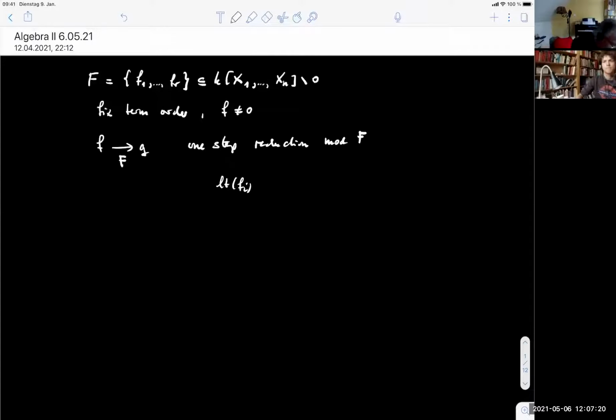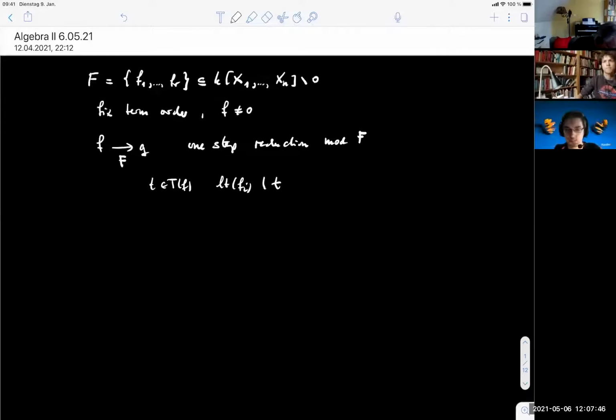So if we have a term t of f such that the leading term of fi divides t, then I subtract from f a suitable multiple of fi, so that this term t is cancelled.